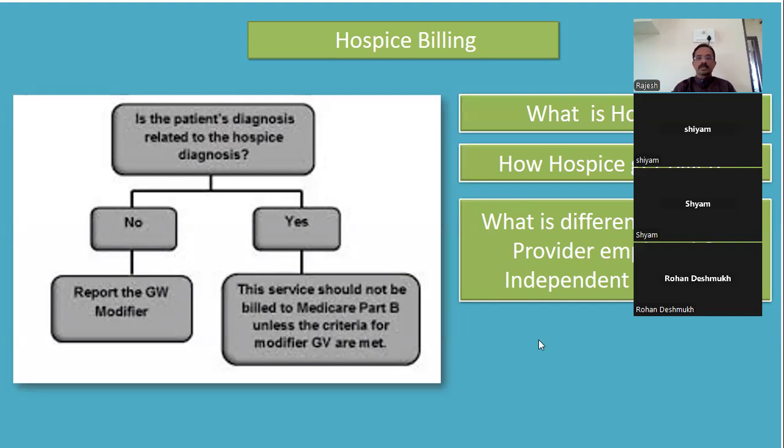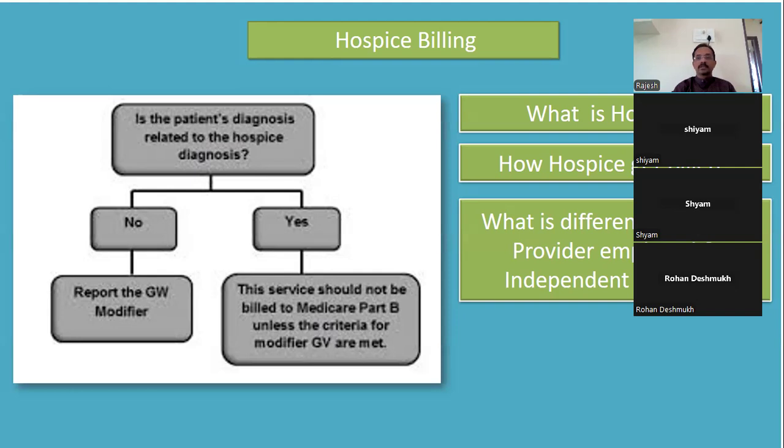Okay, so the patient is admitted in hospice. There are two types of treatment that can happen. For example, Dr. A is selected as his hospice doctor, and he's admitted in a hospice center, right? For example, we'll take a treatment related to cancer.